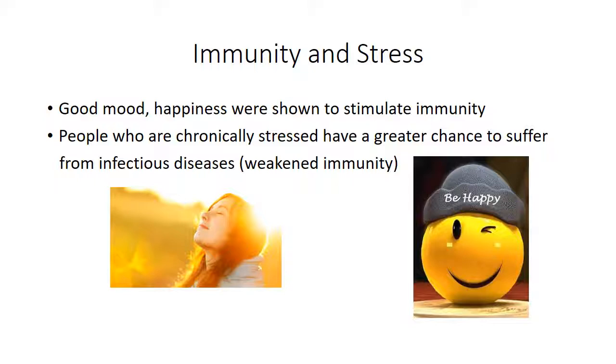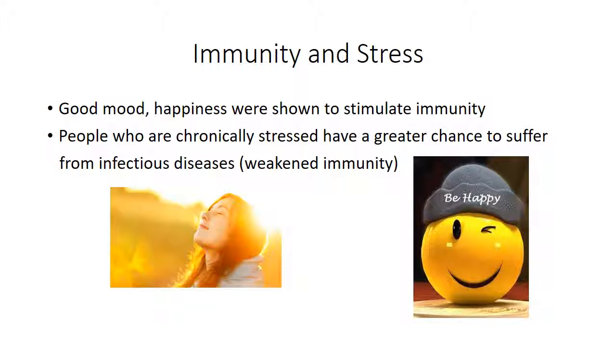People who are chronically stressed have a greater chance to suffer from infectious diseases because, again, stress is always accompanied by production of some substances that suppress immunity. One simple example, glucocorticoids, you know, cortisol, hydrocortisone, those are stress related substances, and they deeply, deeply suppress immunity.